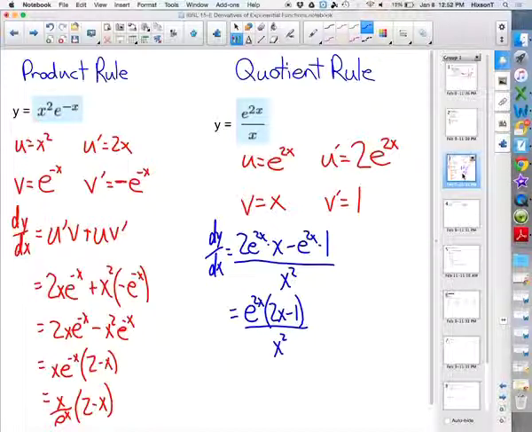So here we're using the chain rule, where we have e to the u, and then u is that 2x. So we've got to do this times the derivative of that 2x.